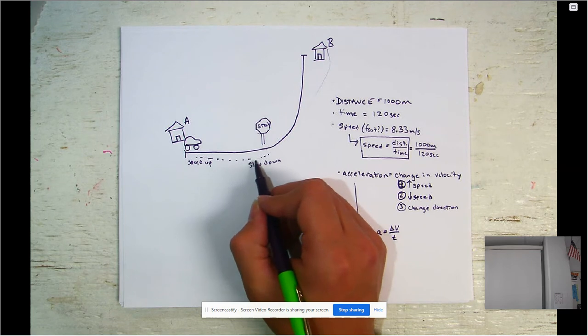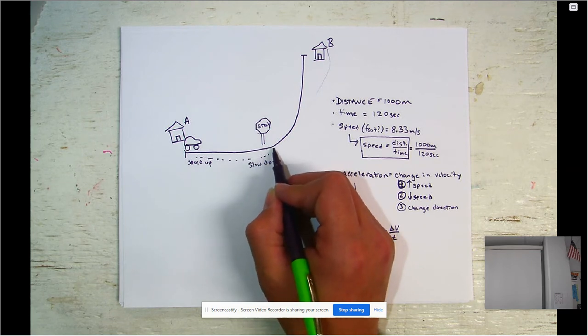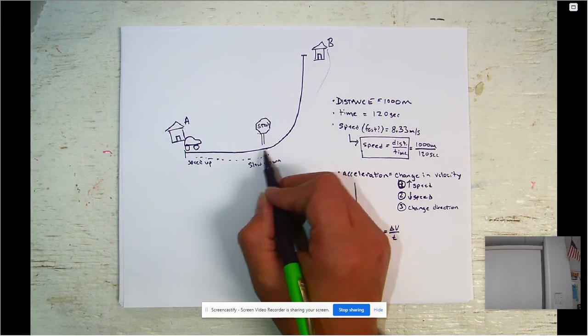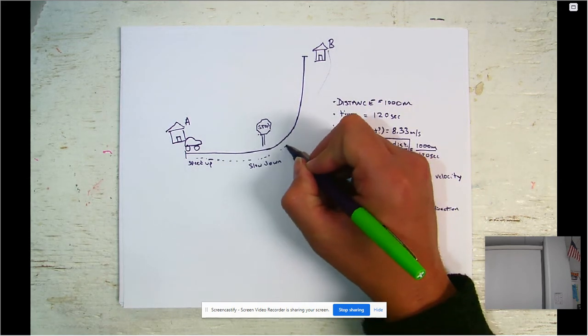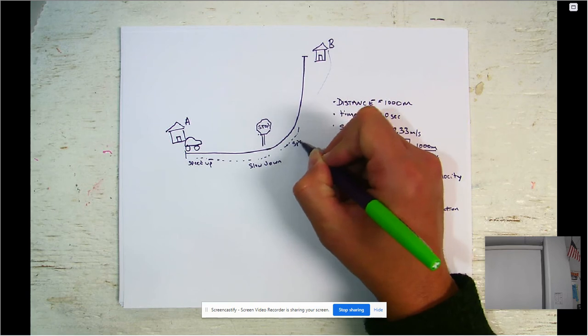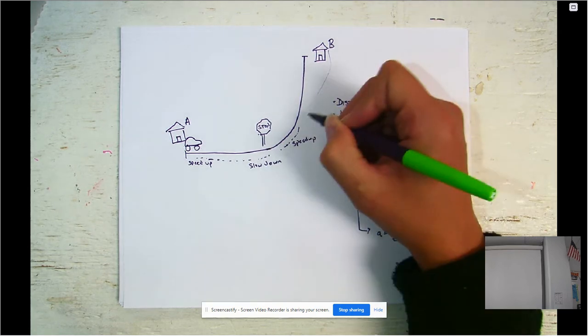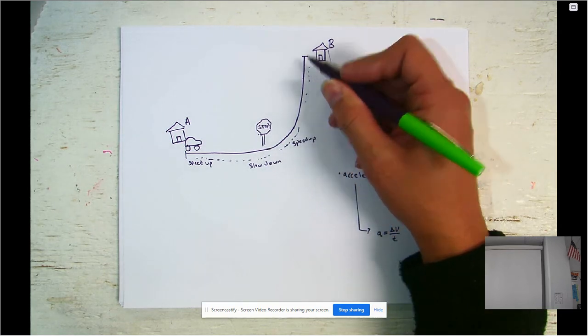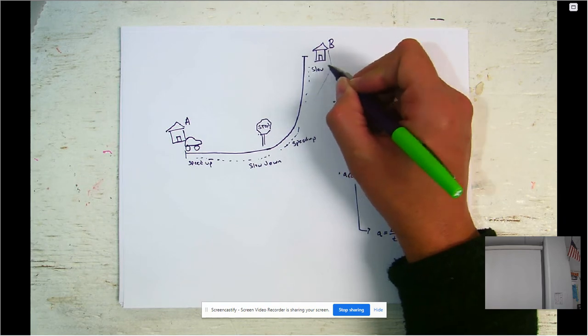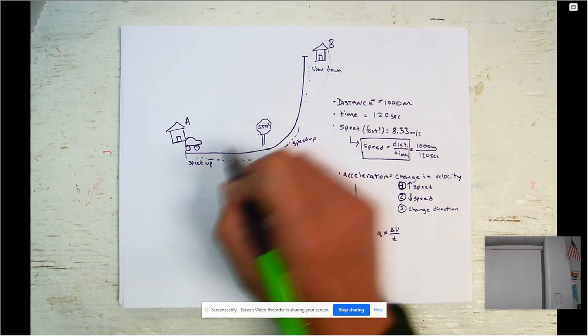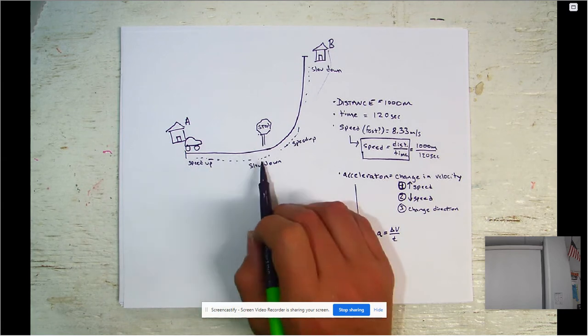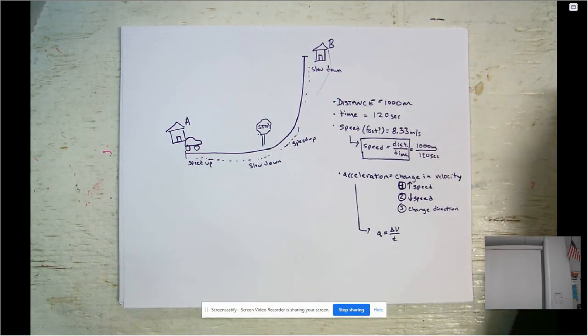We have acceleration, also known as deceleration, when we get to the stop sign and we stop. Right? So at the stop sign, we stop. And then when we leave the stop sign, we start to speed up. And then you get to your friend's house over here to go see him, and you start to slow down. So at all of these points, when you're changing your speed, you have acceleration.